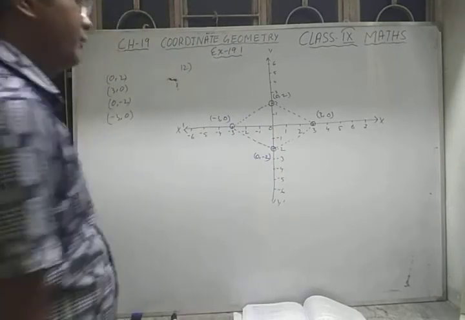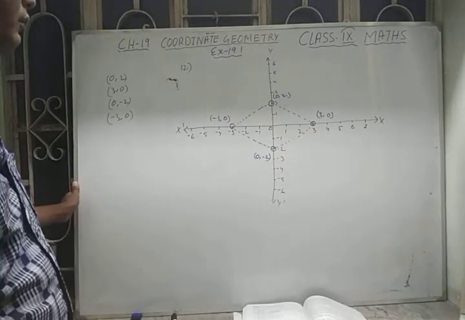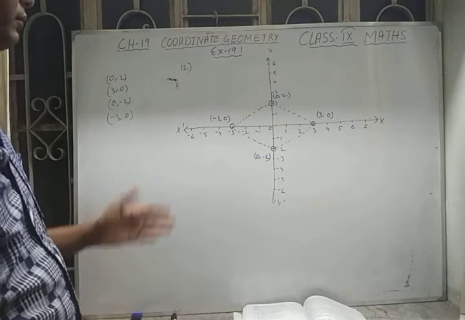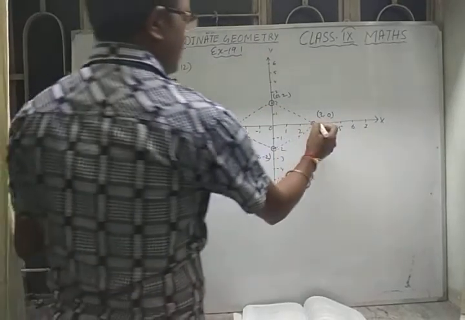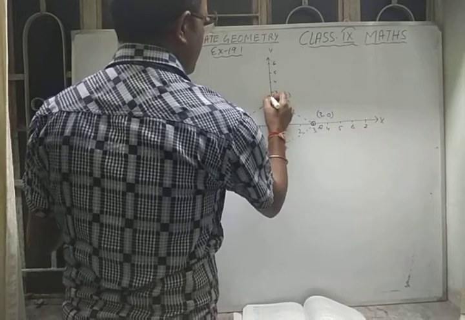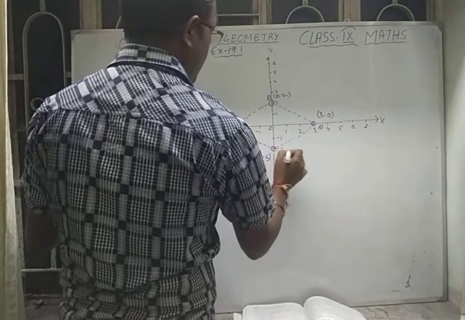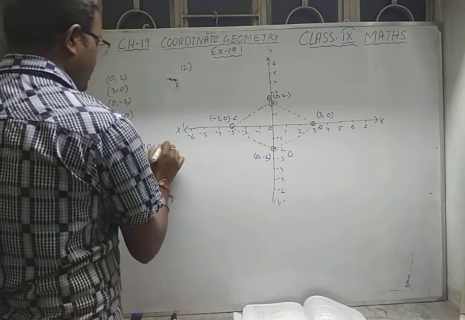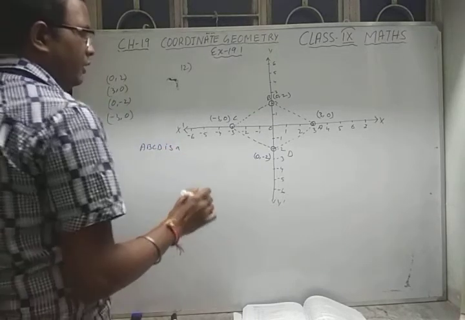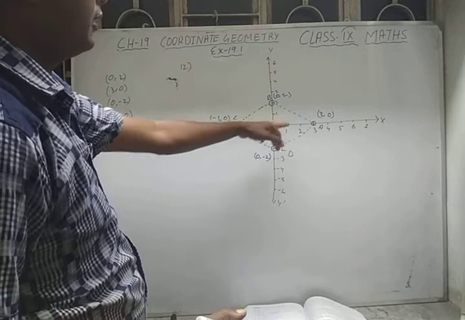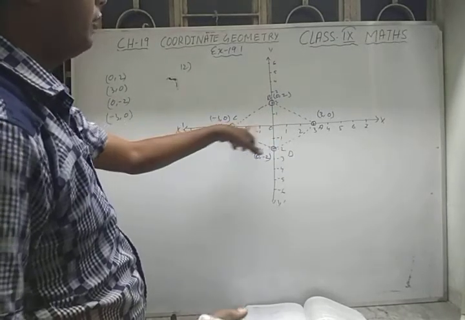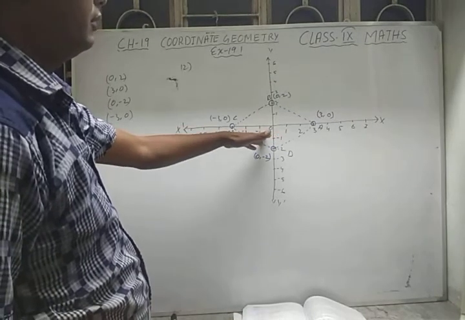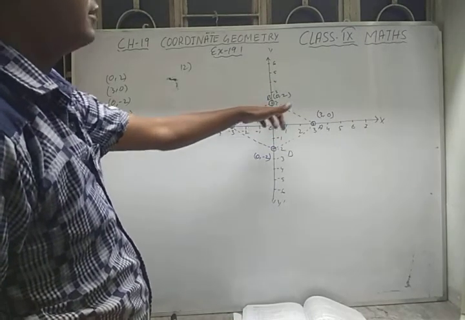You can write the points like this: A, B, C, and D. Since in this figure the diagonals are perpendicular to each other, I don't know, it may come out a square also, but I think it is not.